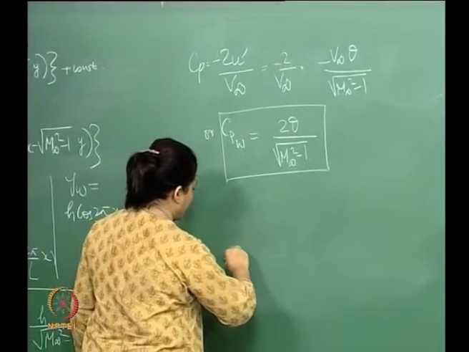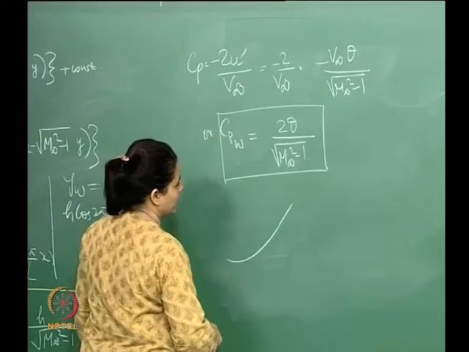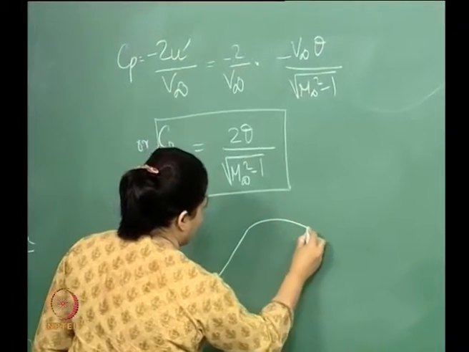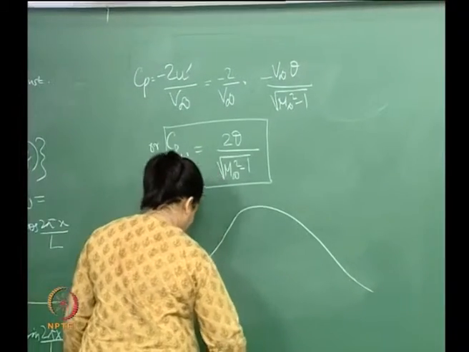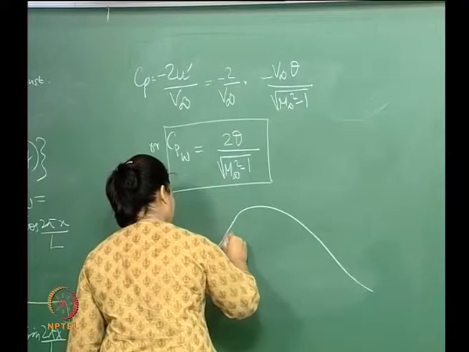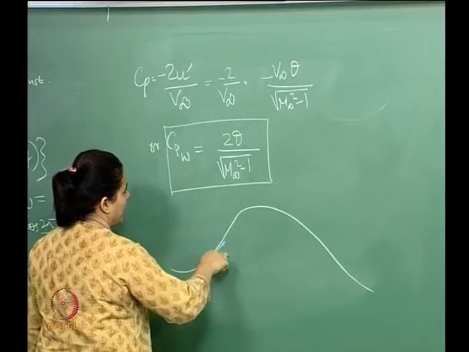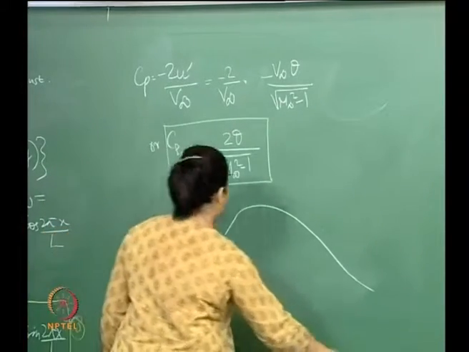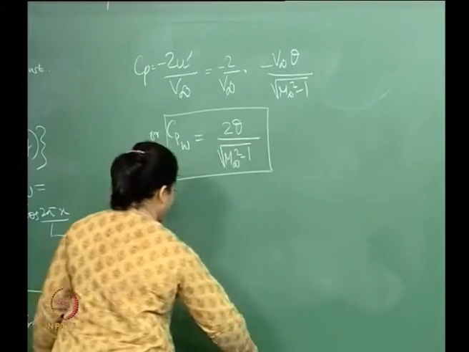So say I have a positive slope like that, and then I have a negative one. As long as this theta is positive, I have a positive Cp. Let me draw the wall.